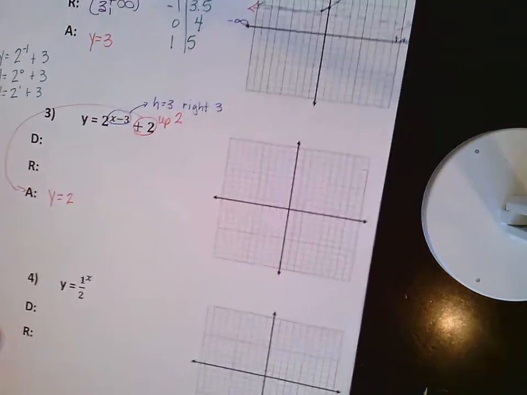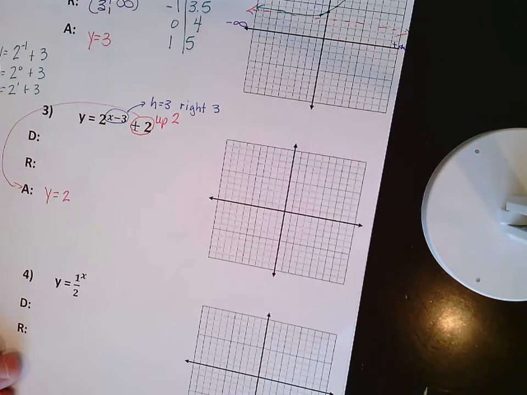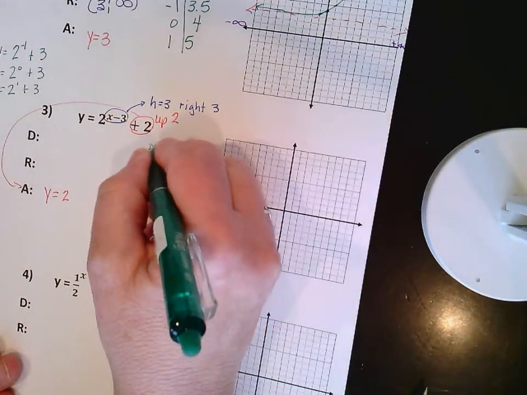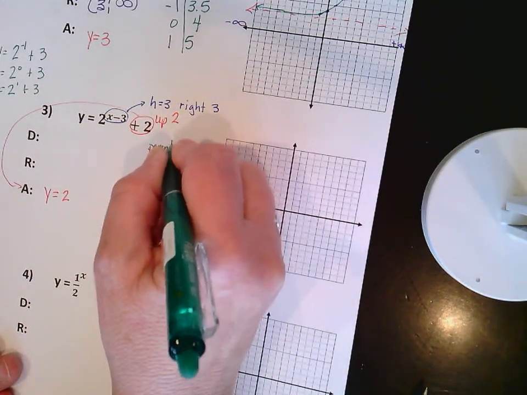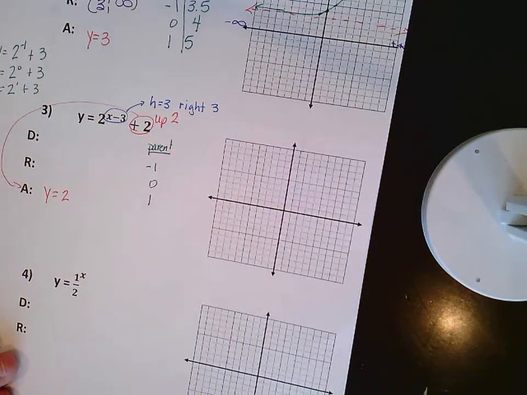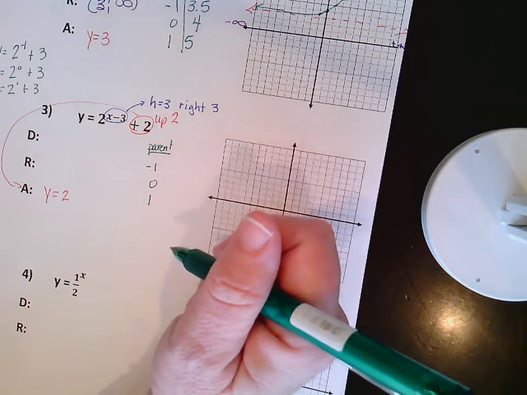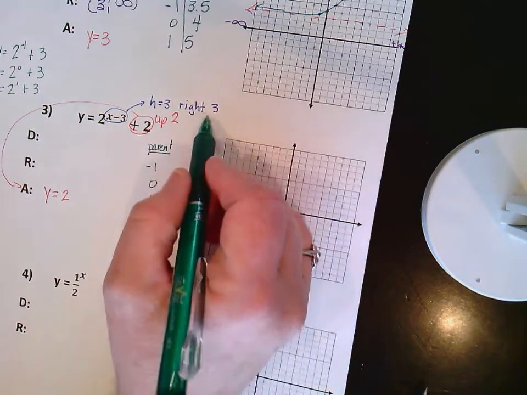And we're going to have a parent function. If I had the parent function, like the one I did in number 1, I would use -1, 0, and 1. But I'm adding 3 to that, right? Because we're going right 3.